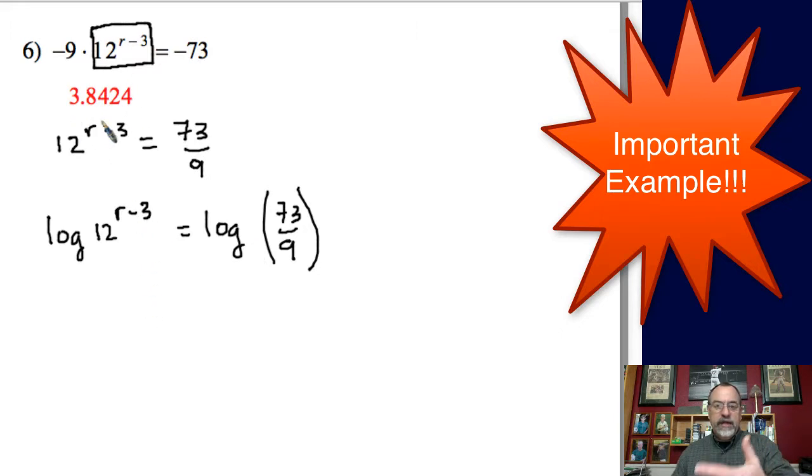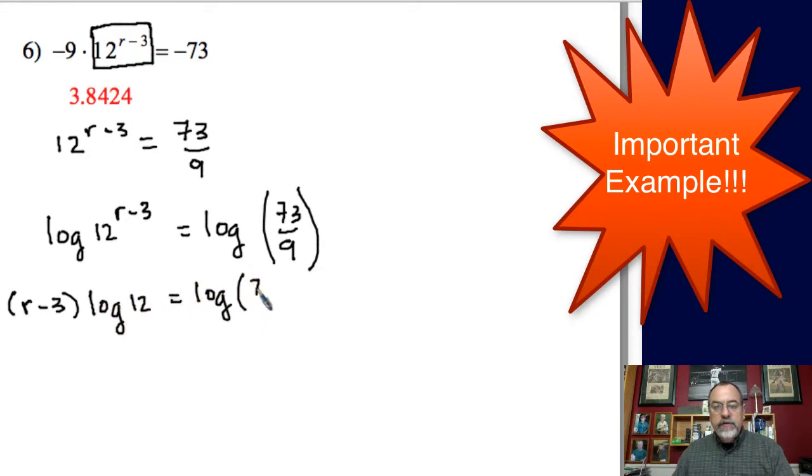It's going to make this answer a little bit further off if we start using estimated numbers way up here in the first step. Now here's the exponent, r minus 3. Be careful because that all goes together. R minus 3 is going to go in front using the power property, equals log of 73 over 9. Now this times this, so I'm going to divide by log of 12.